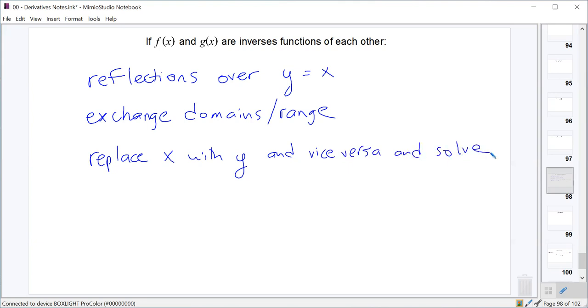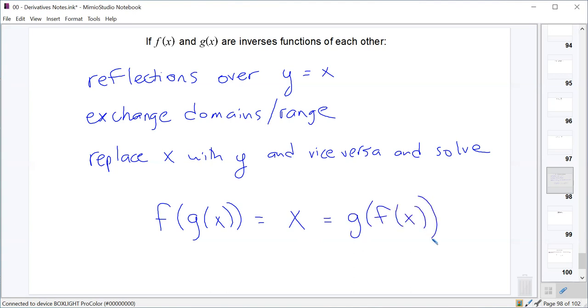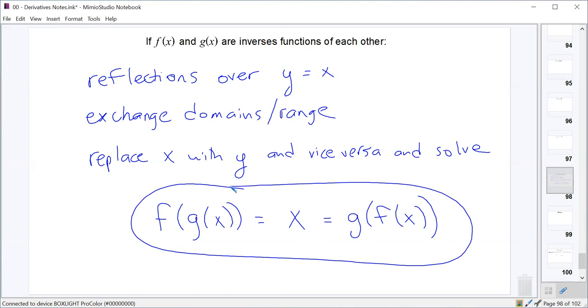Another important thing that we know about inverse functions is that if we have the composition of f of g of x, it will always end up equaling x if the functions are inverses of each other. And likewise, g of f of x will also equal x. And it's this fact that we're going to use to develop the rule for finding the derivative of an inverse function.